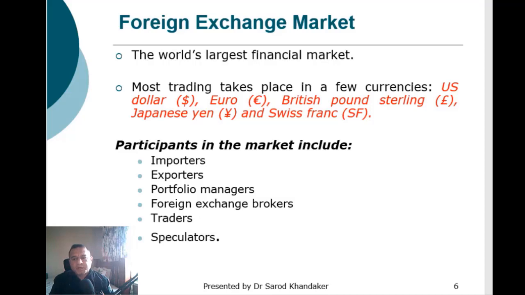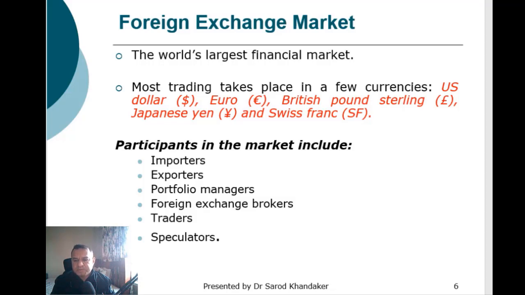The foreign exchange market is a very important market for us, and this is the largest financial market. In the foreign exchange market, most trading takes place in a few basic or large currencies, and the US dollar is the most dominant currency. Other dominant currencies include the euro, British pound sterling, Japanese yen, and Swiss franc.